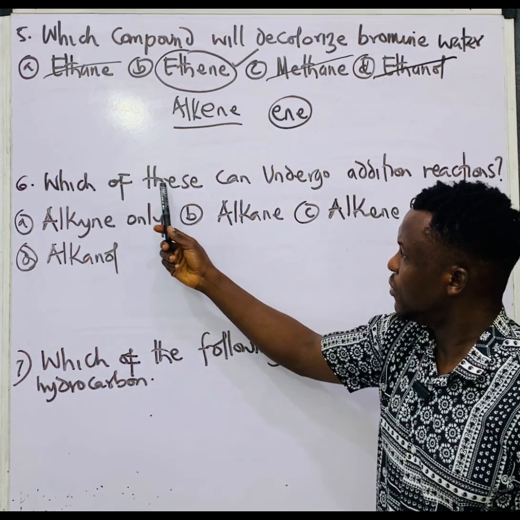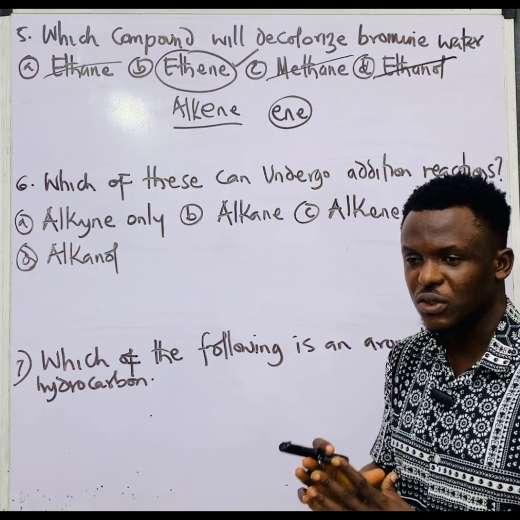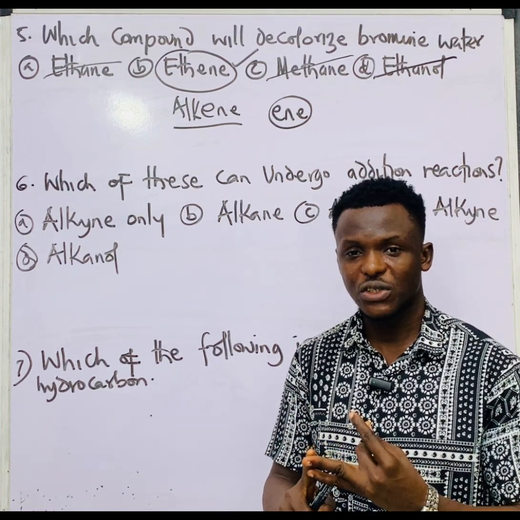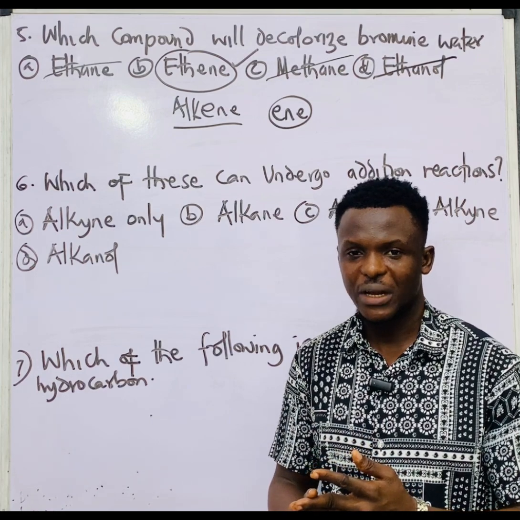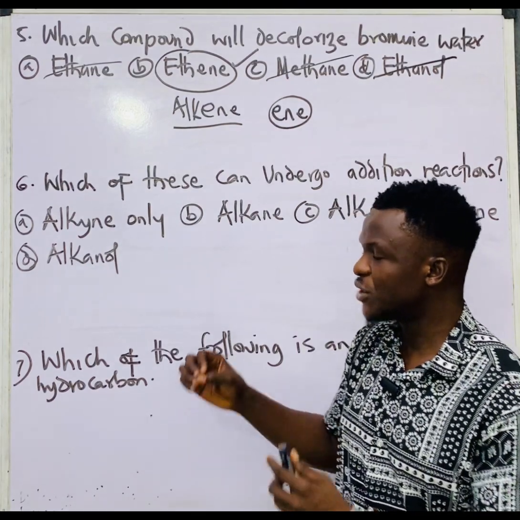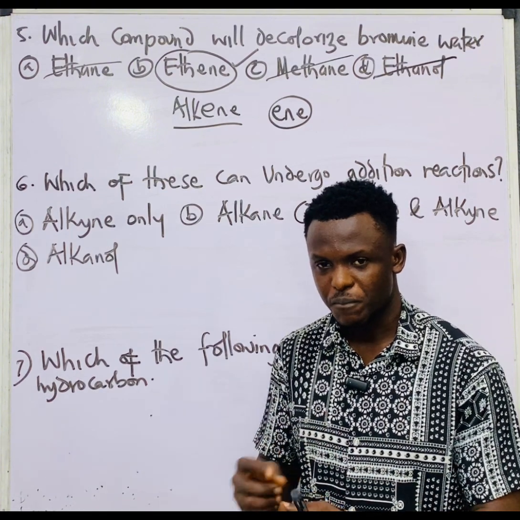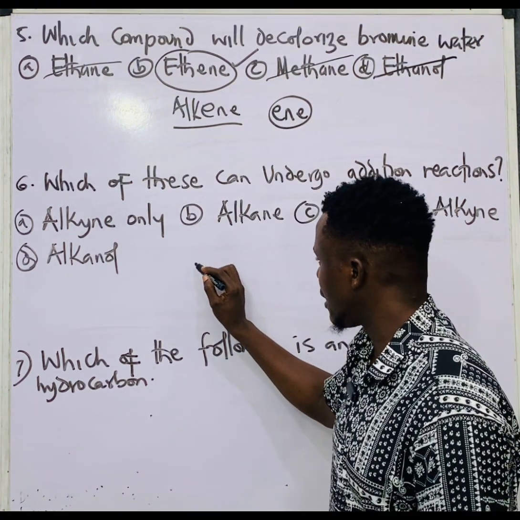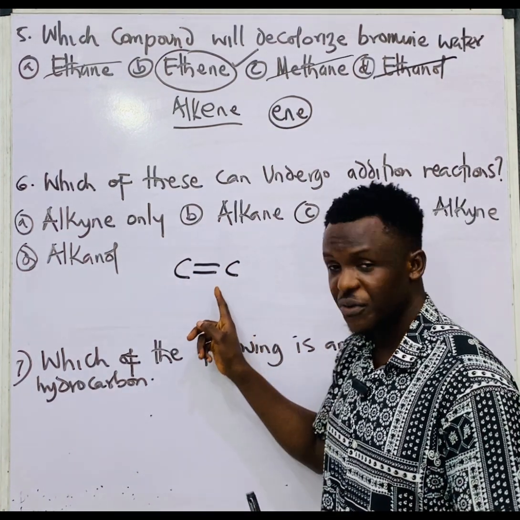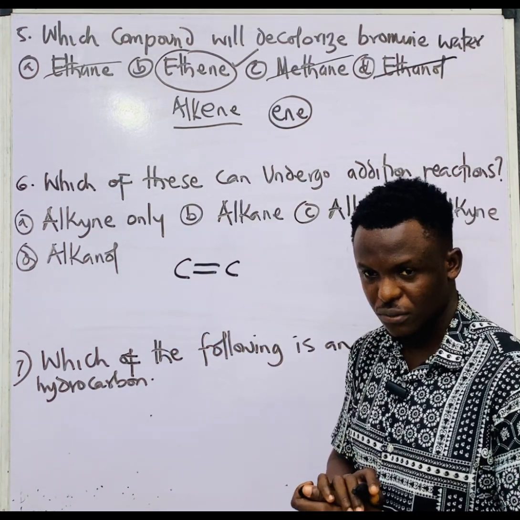The next question says, which of these can undergo addition reaction? Now, organic chemistry has a lot of reactions. We have addition reaction, substitution reaction, rearrangement reaction, elimination reaction, and many others. But there are some compounds that undergo a certain type of reaction. Class, any compound that contains a double bond, apart from the benzene ring, can actually undergo addition reaction.